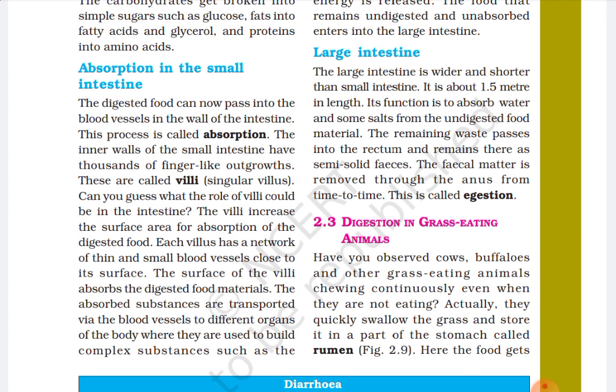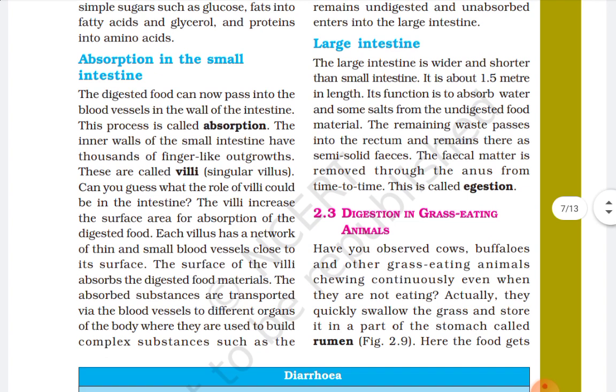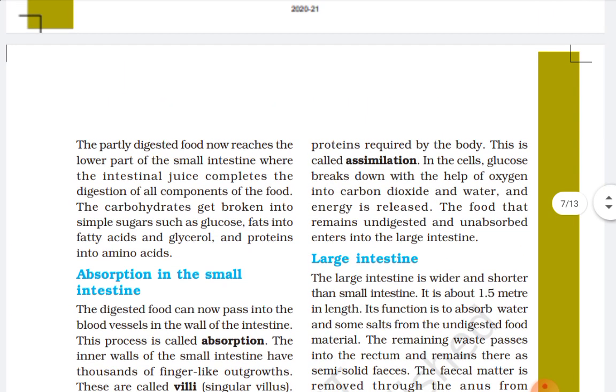Each villus has a network of thin and small blood vessels close to its surface. The surface of villi absorbs digested food material. The absorbed substances are transported via the blood vessels to the organs of the body, where they are used to build complex structures such as the proteins required for the body.